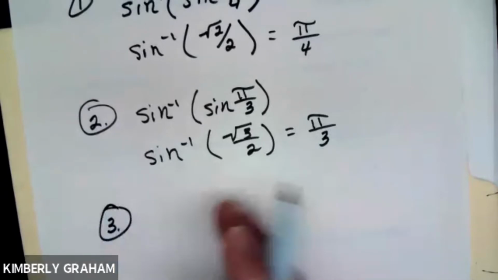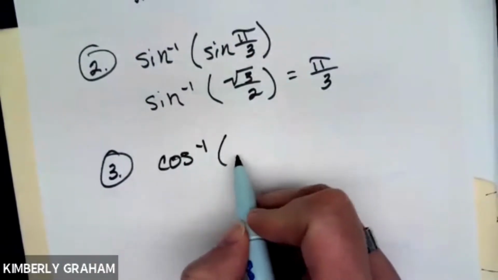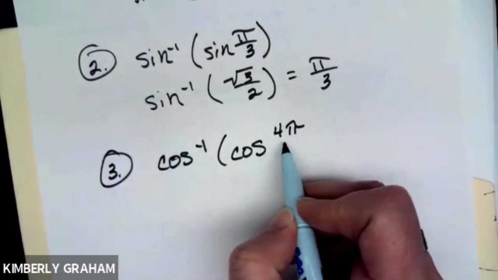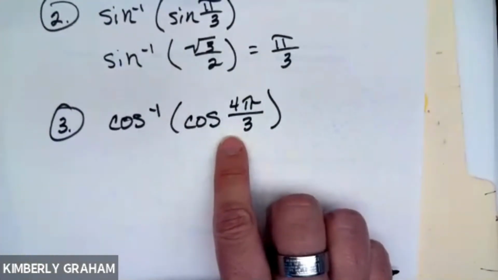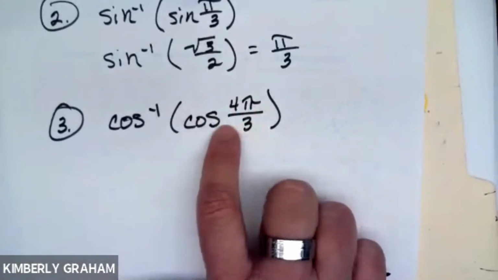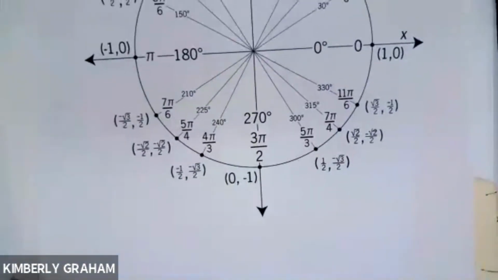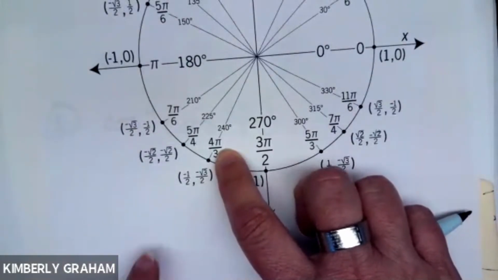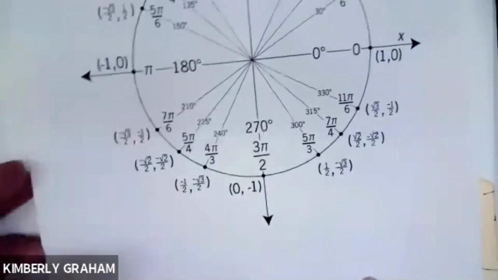Let's look at cosine inverse of cosine 4 pi over 3. Okay. I'm starting off with this inner part here, cosine 4 pi over 3. Cosine of 4 pi over 3 is going to be associated with this x coordinate of -1/2.